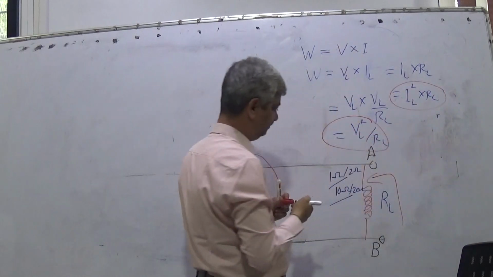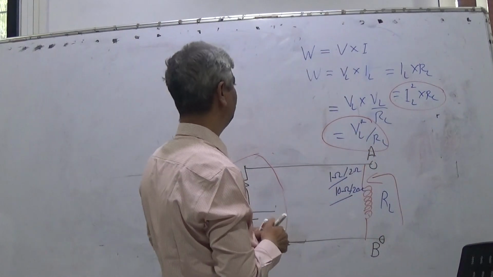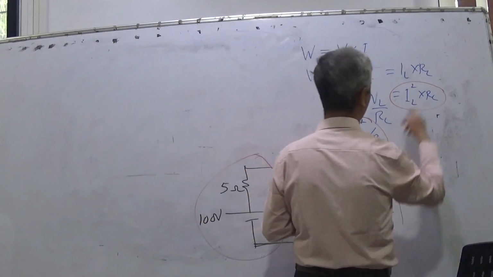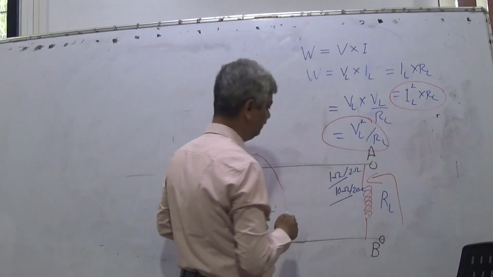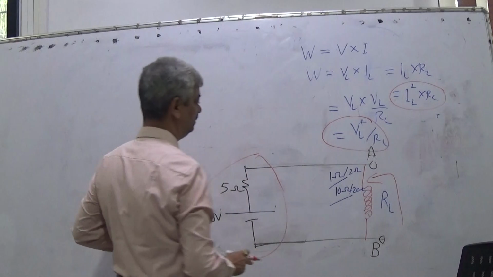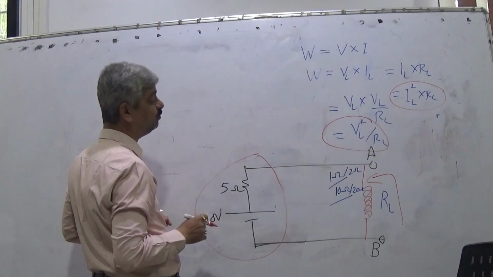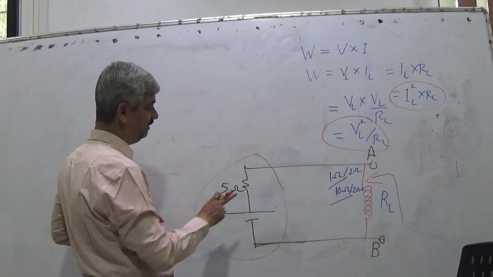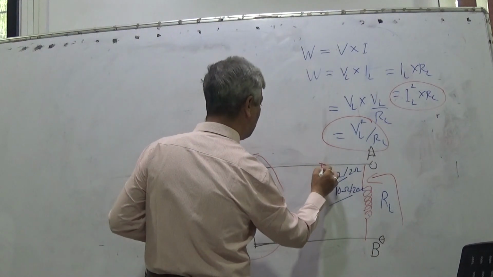Now suppose this is somewhat simpler to work with here. If I put 1 ohm resistance, what would be the current?